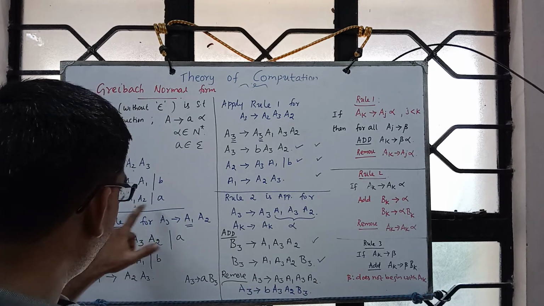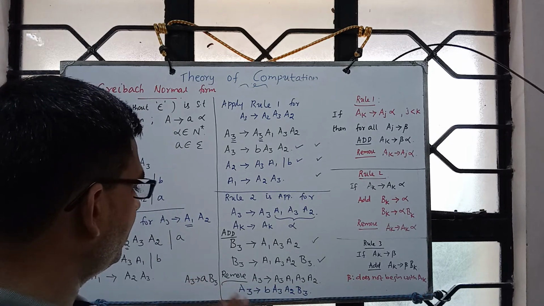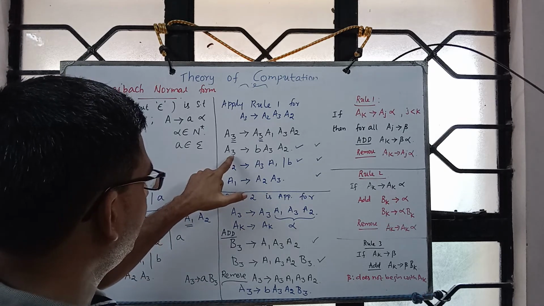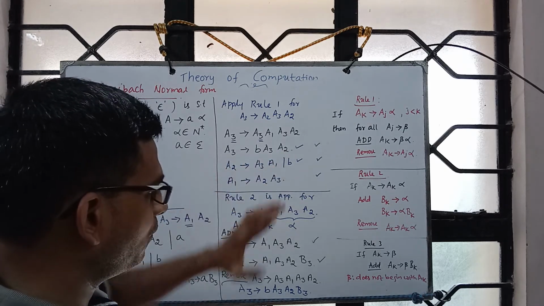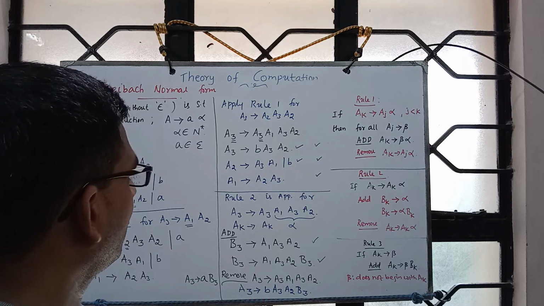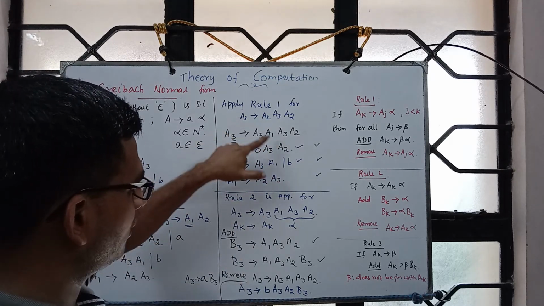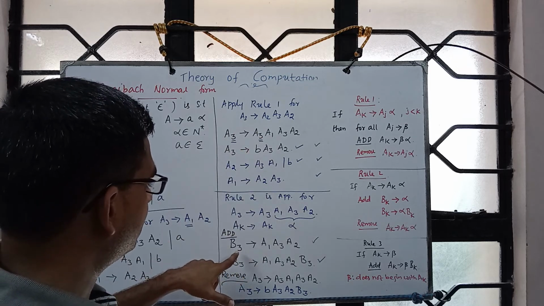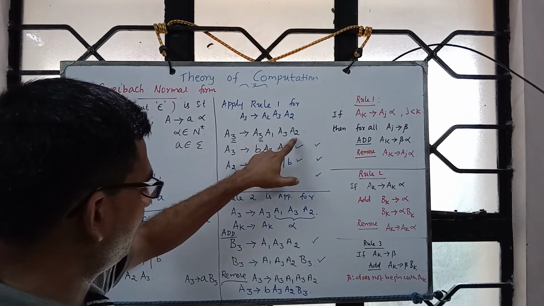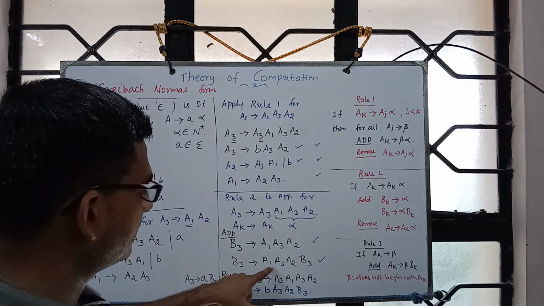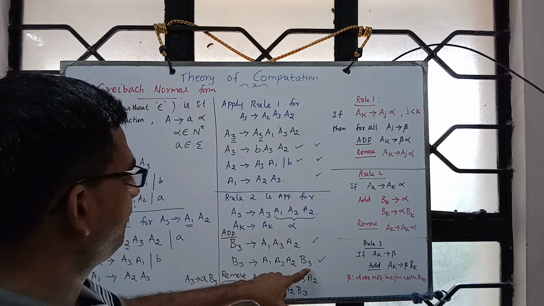So A3 implies A will still be there. Similarly, A3 implies B, A3, A2 will still be there. Okay, so for this alone, this one is removed and we introduce B3 implies alpha and B3 implies alpha B3.